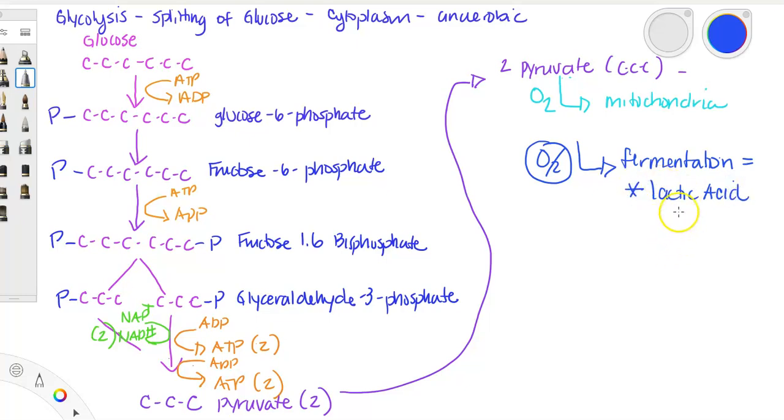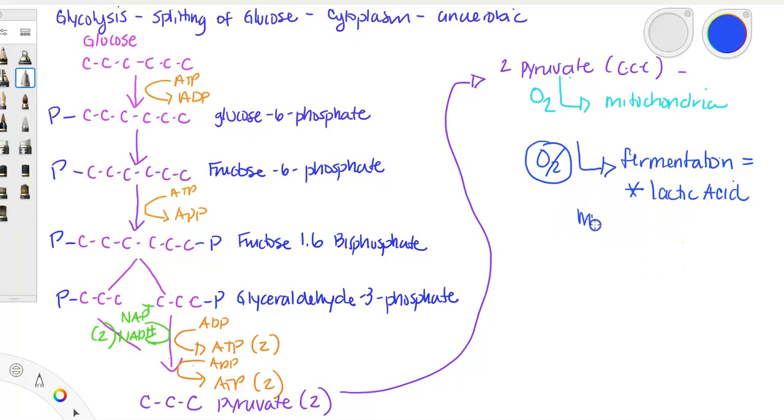Okay, so once we have lactic acid, the lactic acid then goes back to the liver, and the liver can convert that lactic acid back into glucose. In a muscle cell, when this occurs, you've got glucose, which goes to pyruvate, which goes to lactate.